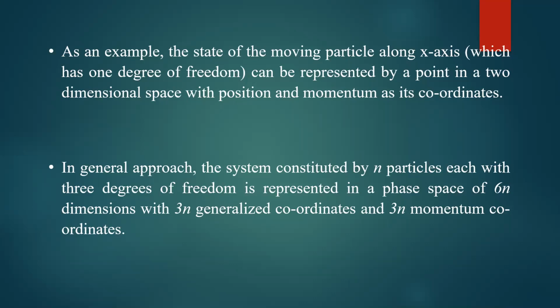Then the phase space is represented by means of 6n dimensions with 3n generalized coordinates and 3n momentum coordinates, because there are n number of particles, each particle has 3 degrees of freedom. Therefore, the number of position coordinates needed is 3n.